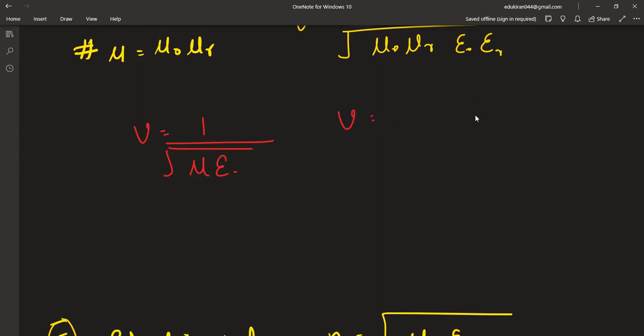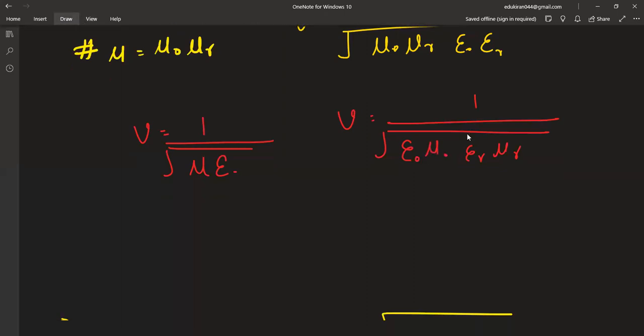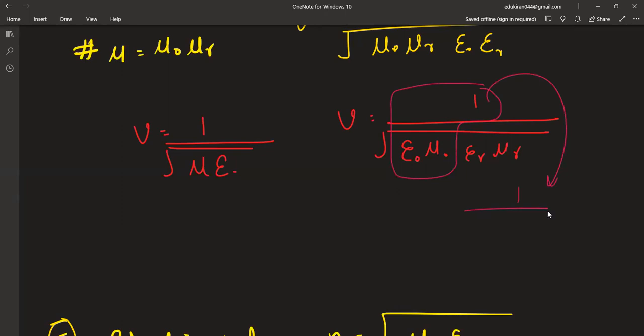When we expand this, we get epsilon naught mu naught epsilon r mu r. If you rearrange these terms, and extract the portion with epsilon naught and mu naught, this directly gives us 1 by under root epsilon naught mu naught. This was exactly the speed of light.